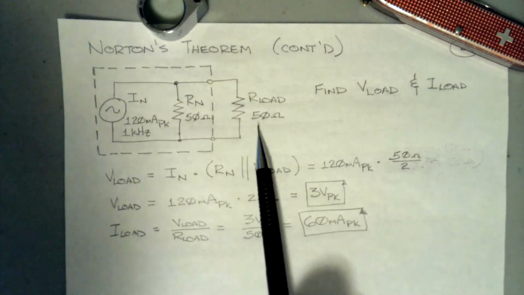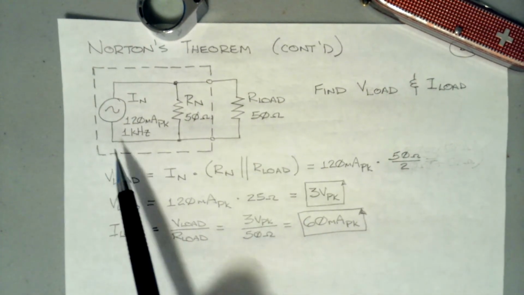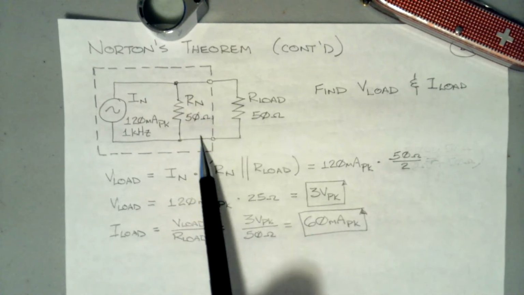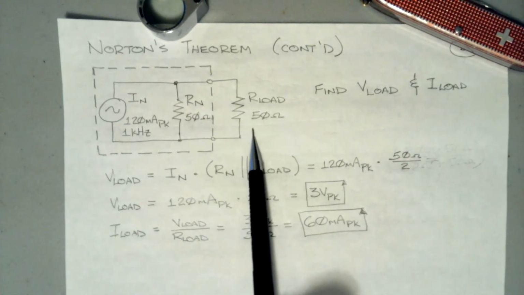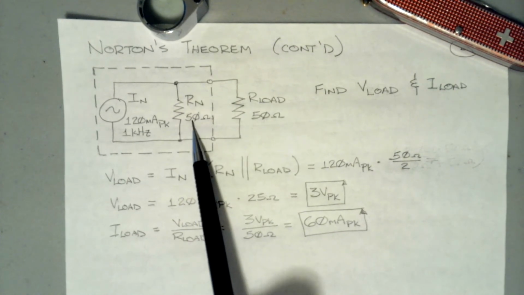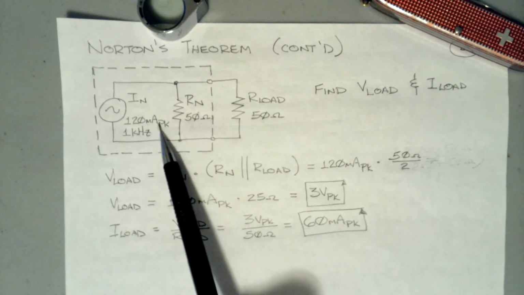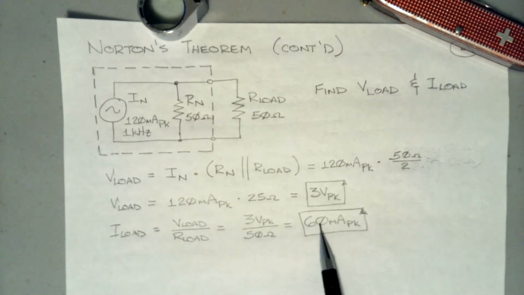We can do a bunch of math, but it doesn't take a lot to see that the voltage across R Norton and R load are the same. So half the current is going to flow here and half the current is going to flow here, and half of 120 milliamperes is 60 milliamperes, which is the answer we got in the Thevenin example.